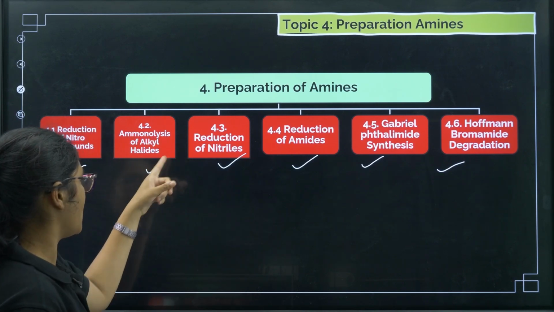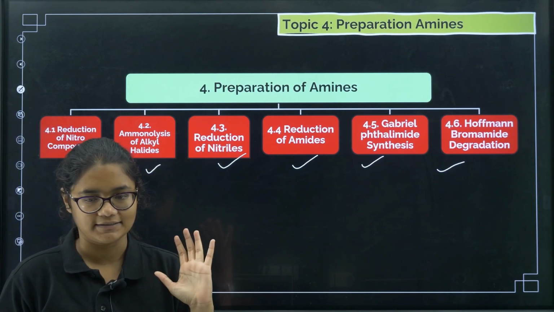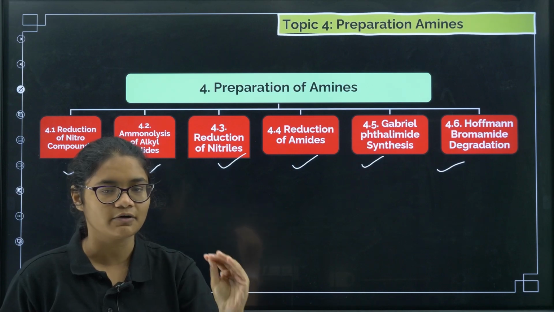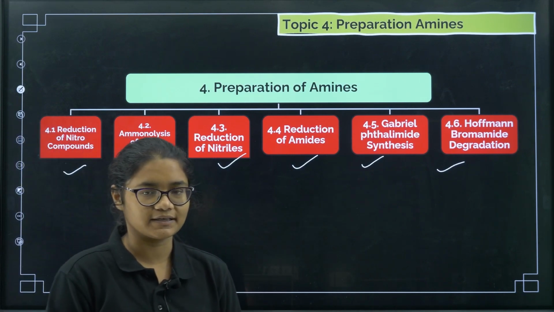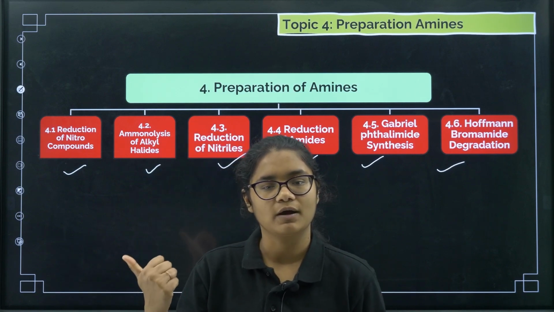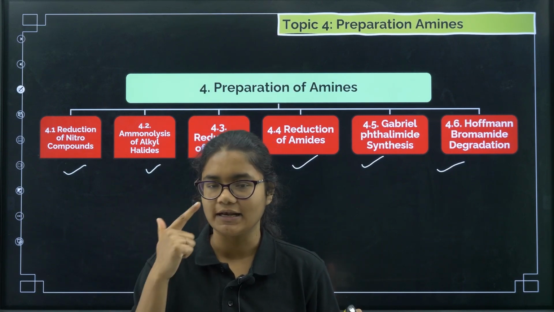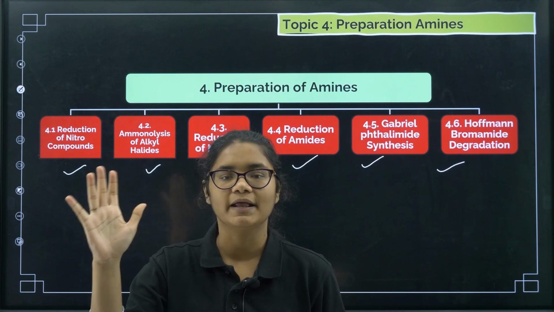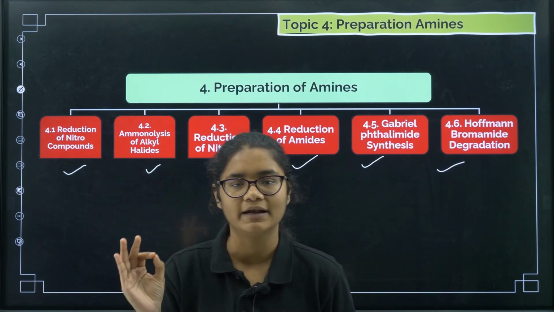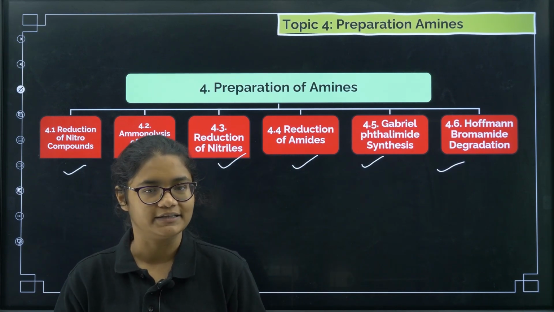And one more is there, ammonolysis of alkyl halides. Okay, so now let us revise once again. First is reduction of nitro compounds, ammonolysis of alkyl halides, 2 more reductions, reduction of nitriles and reduction of amides, then 2 name reactions, Gabriel phthalimide and Hoffmann bromamide degradation.